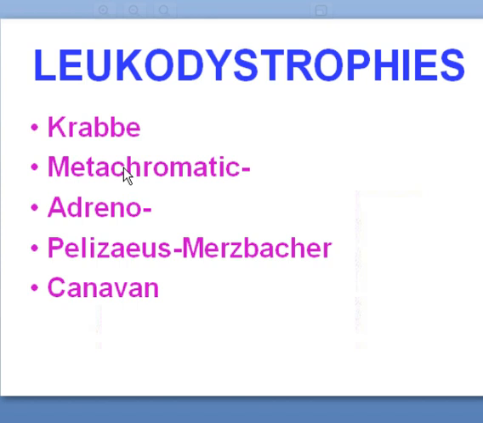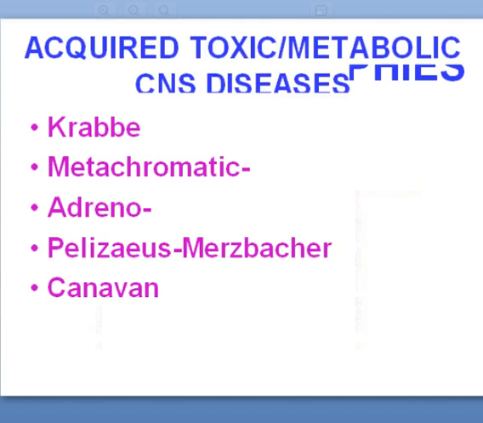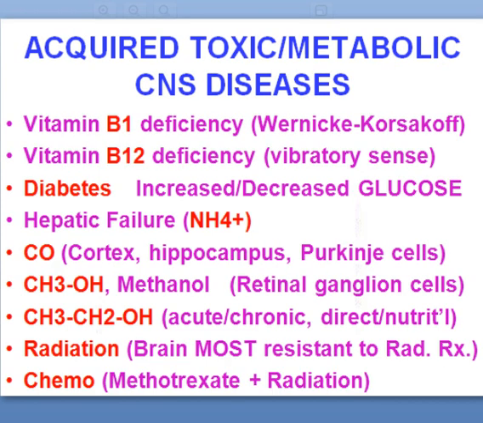So let's move on to the so-called toxic metabolic diseases. We've already mentioned in our chapter on alcohol and environmental that Wernicke-Korsakoff is a syndrome. It could be mild or it could be fatal. It can involve hallucinations. It's always due to vitamin B1 deficiency, and it's almost always due to alcoholics that are not getting enough vitamin B1.